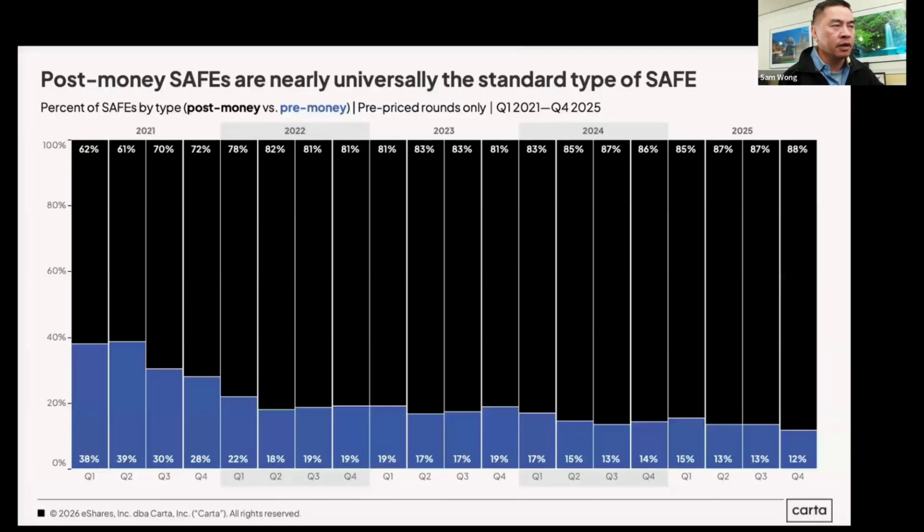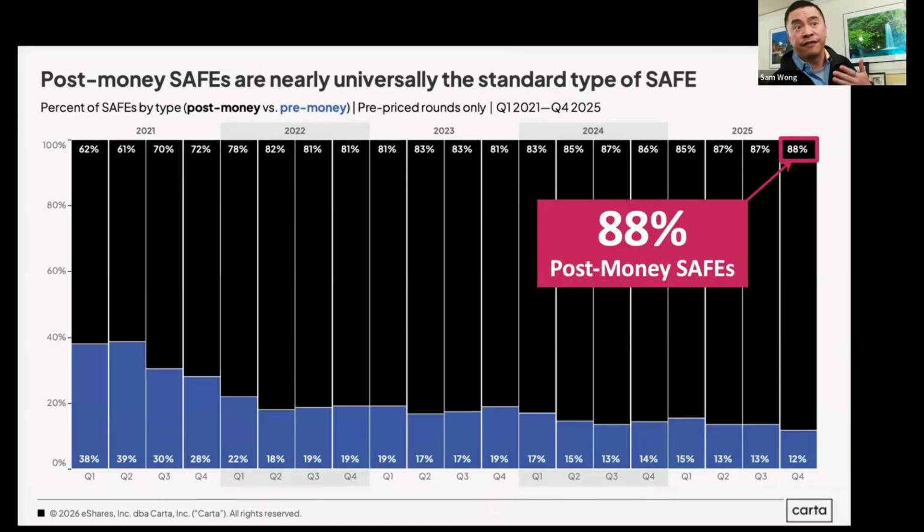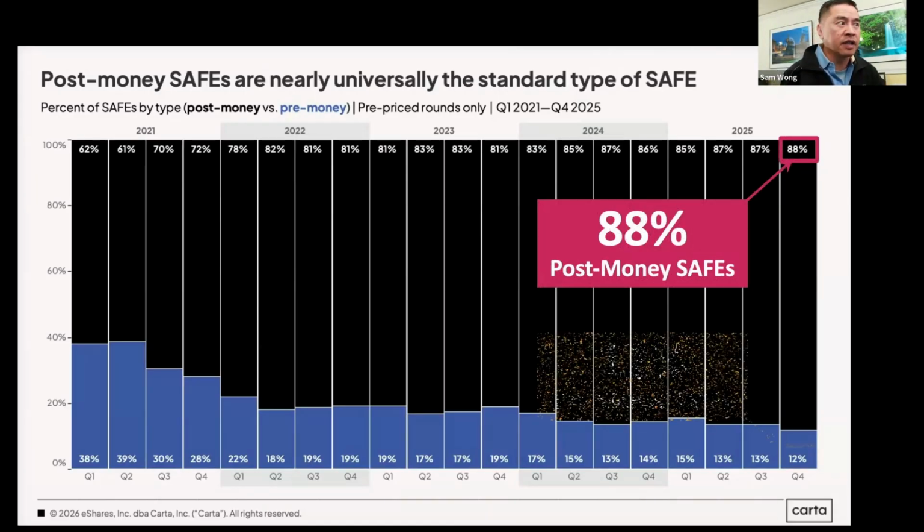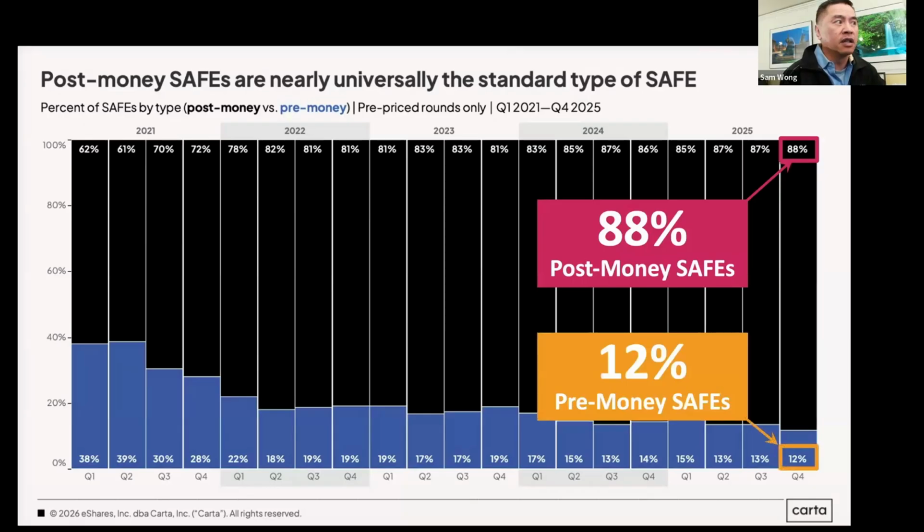So we have the extra dilution from a post-money safe, and then you have the pre-money safe. Well, what's the split between post-money safe versus pre-money safe usage? This chart here shows that the vast majority of safes that are being signed today are post-money safes. Only 12% of safes are pre-money in the conversion math.